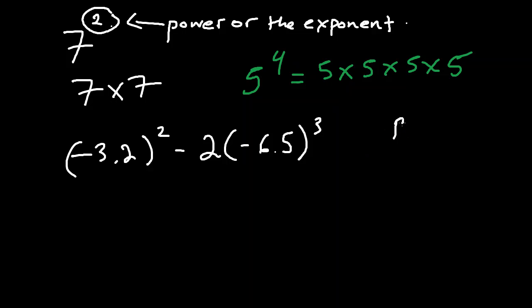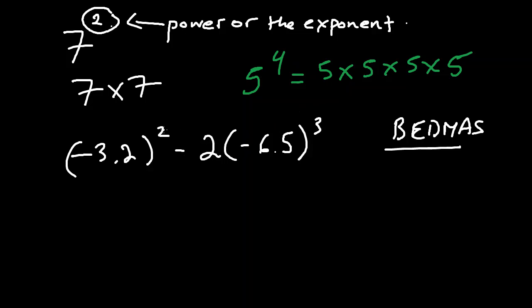Well, remember, we always have to go back to BEDMAS when performing the operations in math. So what does BEDMAS tell us? Well, it tells us to do brackets first, then exponents, right? And we do see some exponents in our expression here. So we have to take care of them first before doing any multiplication or subtraction.